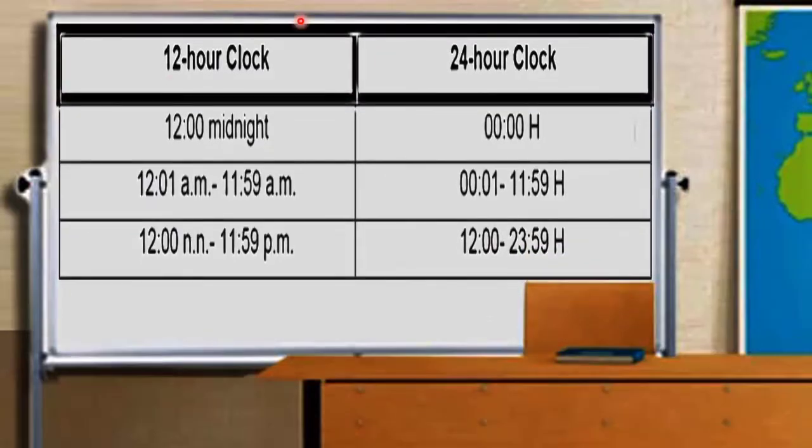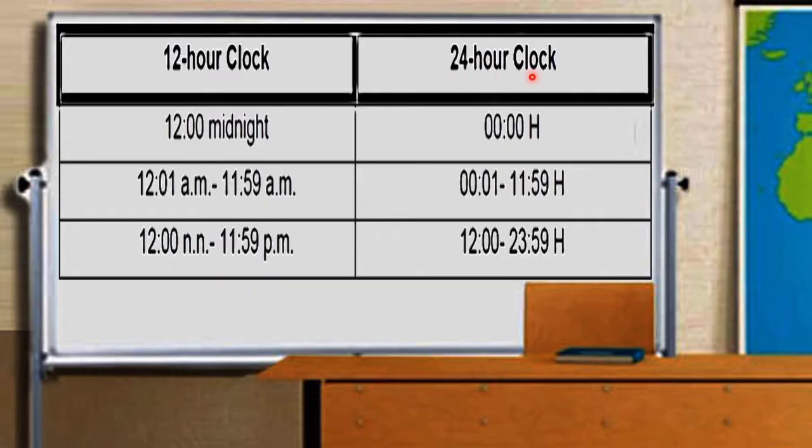So we have here a 12-hour clock and 24-hour clock. So dito sa 12-hour clock, we have 12 midnight. Yung equivalent niya sa 24-hour clock is 0000 hours. And dito naman sa 12-hour clock, we have 12:01 AM to 11:59 AM.